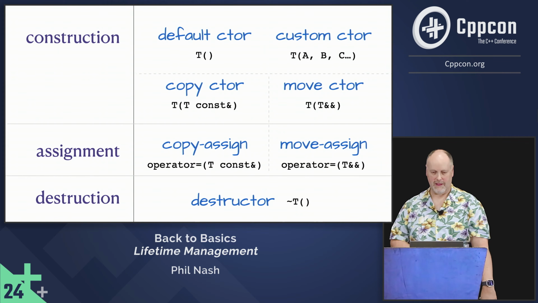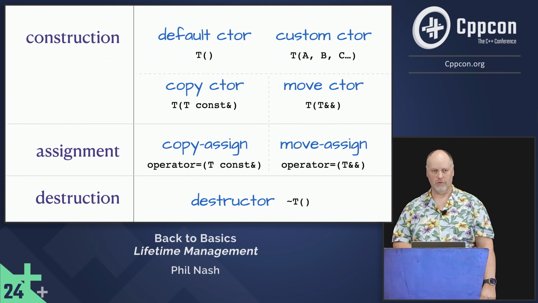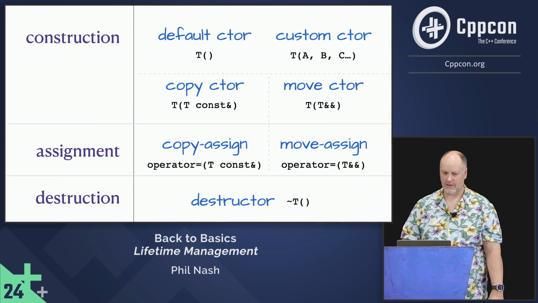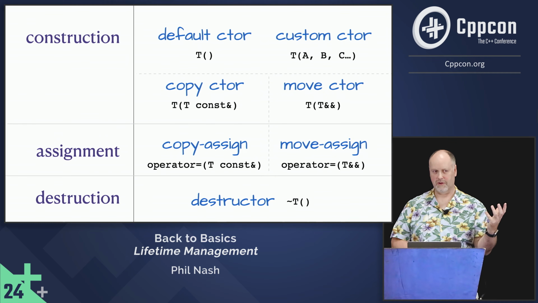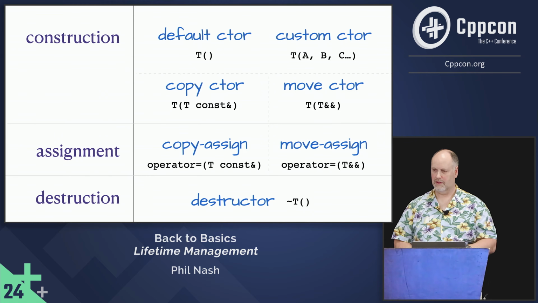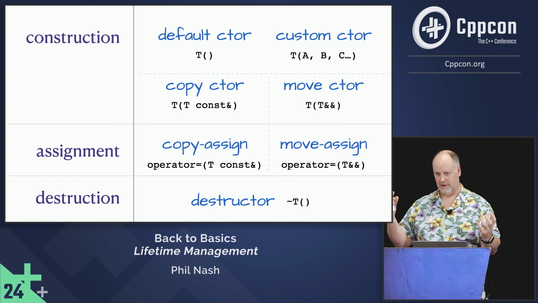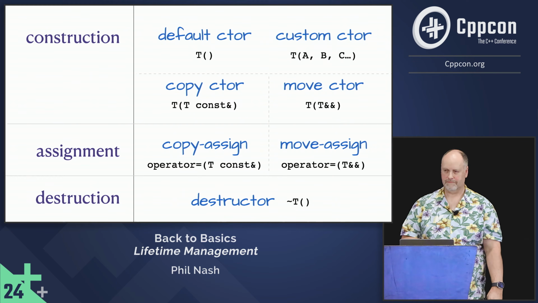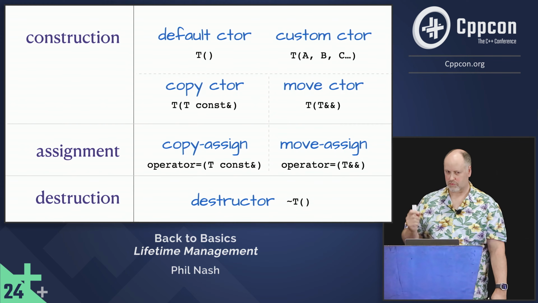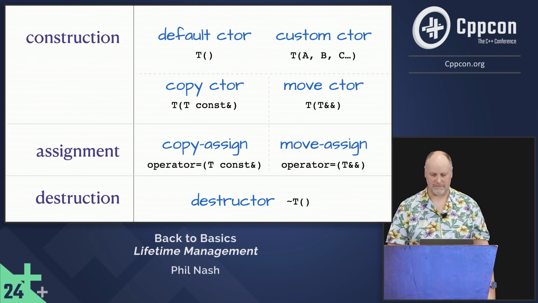So just whatever you write there. You can consider the default constructor a special case of that. And then we've got this sort of split between copy constructor and move constructor. And then we've got the copy assignment operator and the move assignment operator. So we've got this extra dimension here, copy and move. And then finally, just one destructor, nice and simple again.